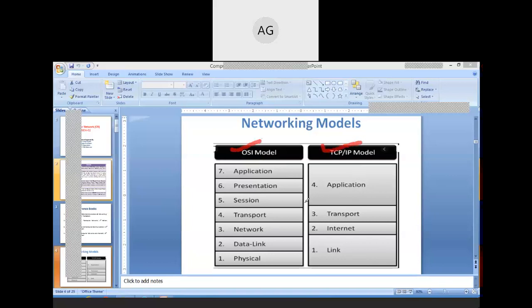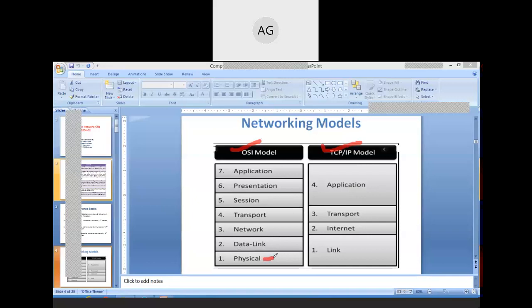As clearly shown in the slide, the OSI model consists of 7 layers, numbered from first to seventh, and each has a specific purpose.